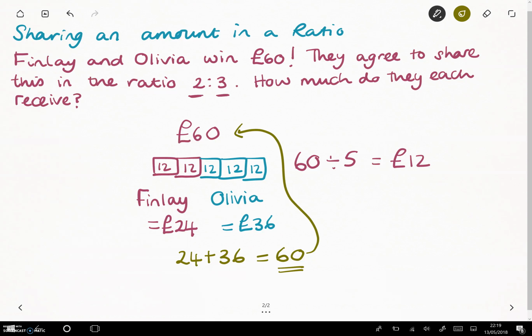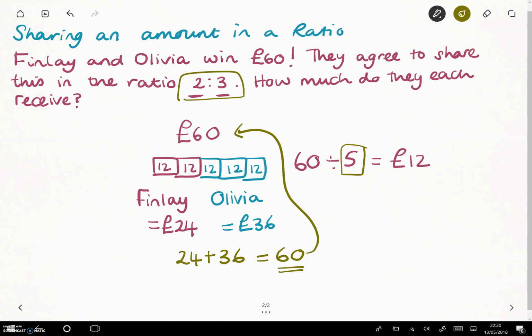Okay, now you can draw boxes to help you, or you can say to yourself, if I've got 2 parts and 3 parts added together, I know that I'm going to be dividing by 5.